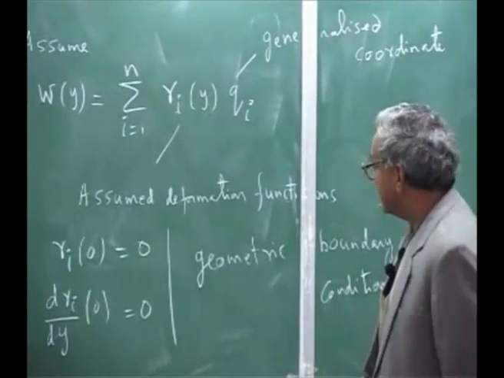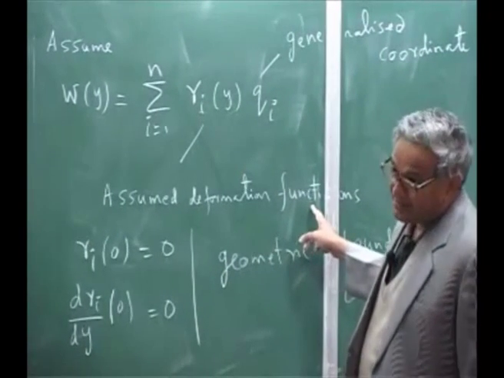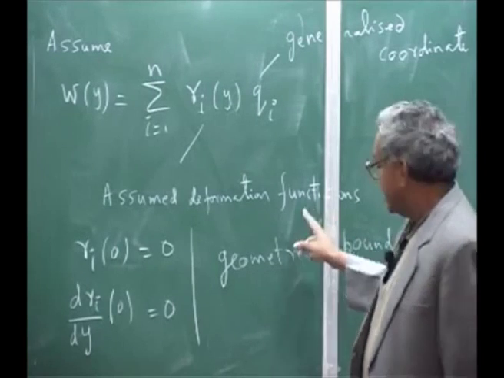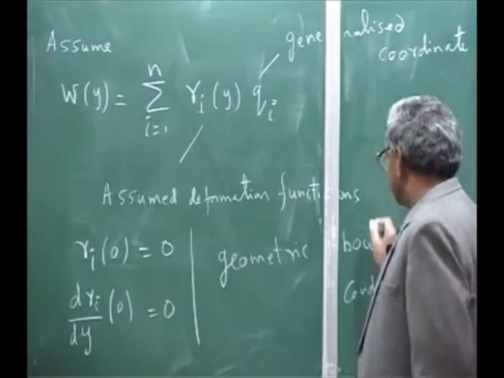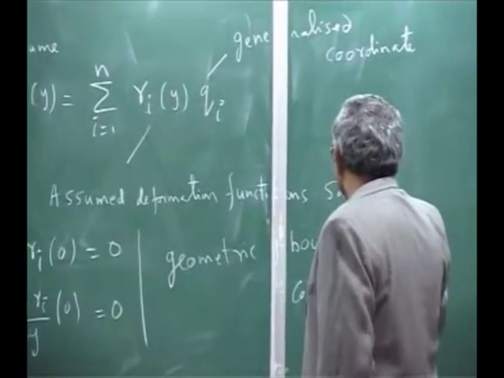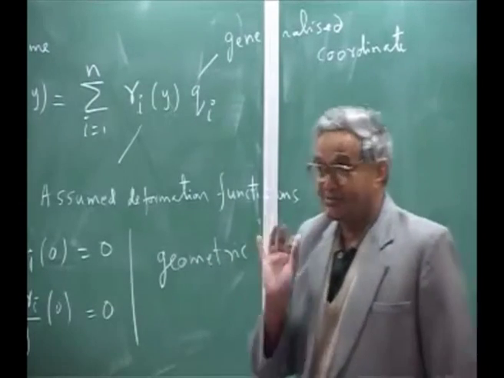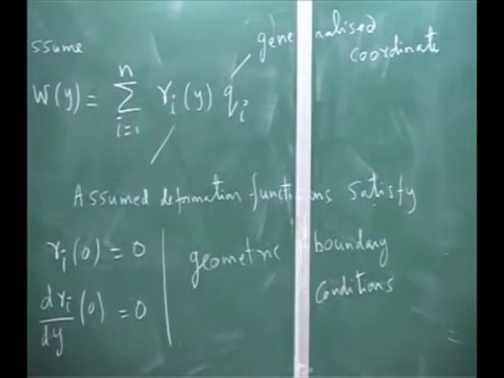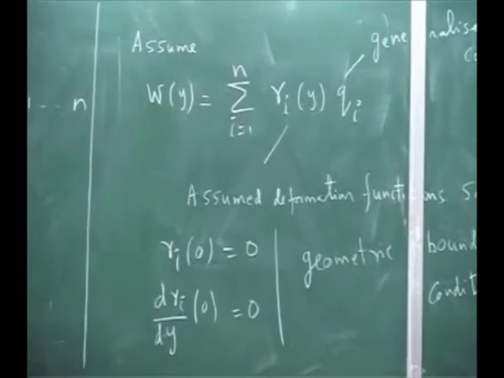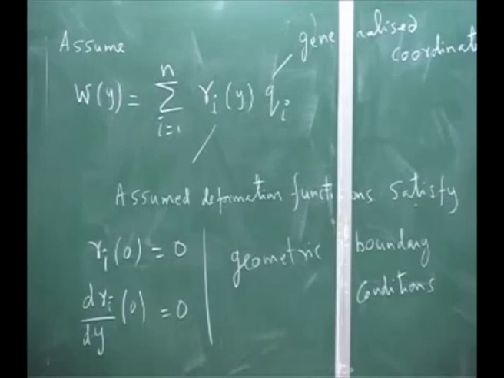Please understand, my assumed deformation function must satisfy geometric boundary conditions. That is the condition we should have. Suppose you say no, I don't do that, then your error will be more in your result. You will get a result. Please understand, in this you will always get some number, but how good the number is, is the question.